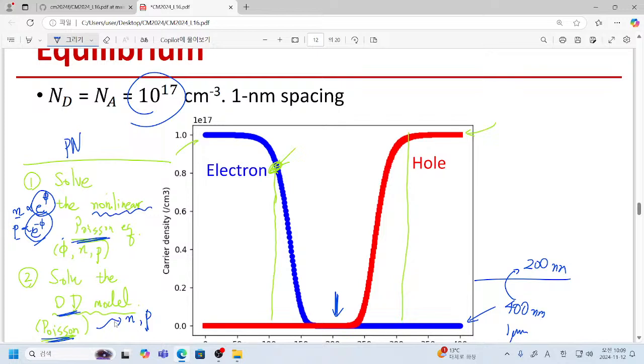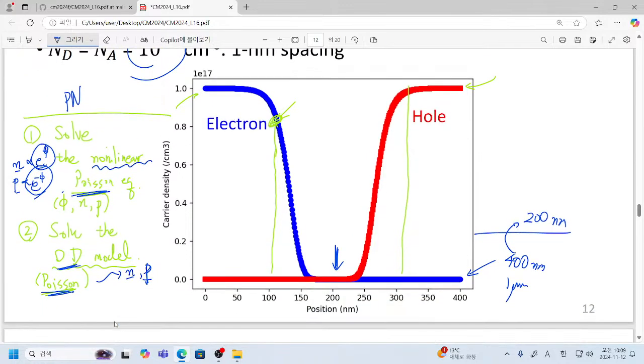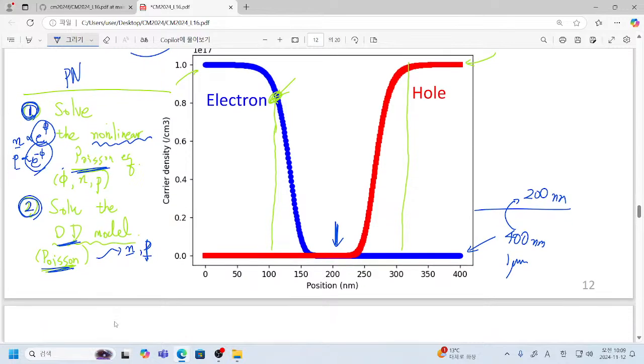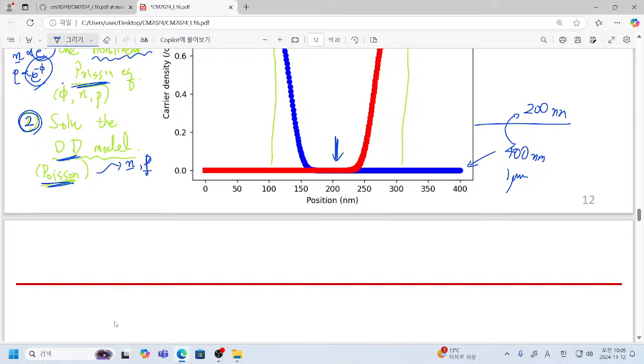Your Poisson equation must have electron density and hole density in it, instead of expressing them with electrostatic potentials. And using this electron density and hole density, please make the system. Since the solution of your nonlinear Poisson equation is also a solution of your drift diffusion model, you will have the immediate solution. Why do we do that? Because we are just preparing ourselves to expand it to non-equilibrium cases.